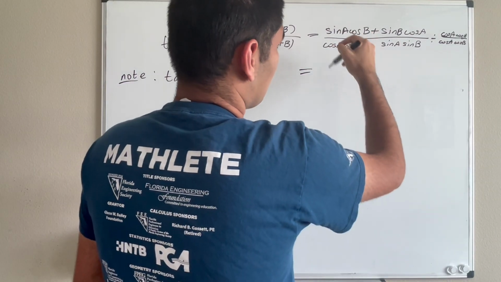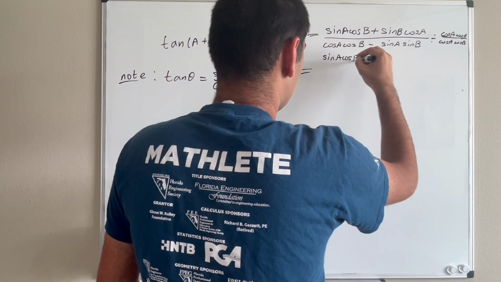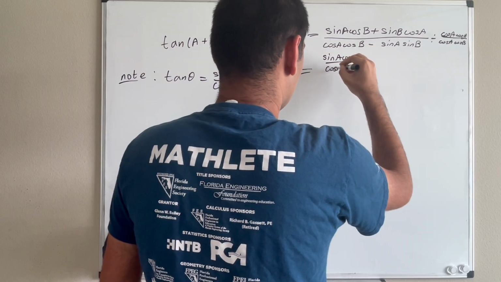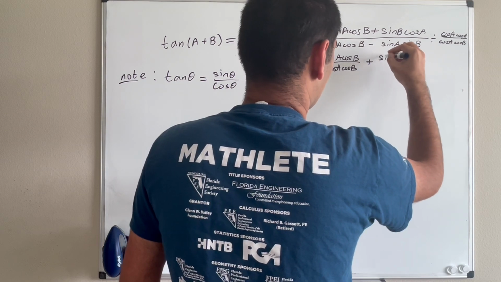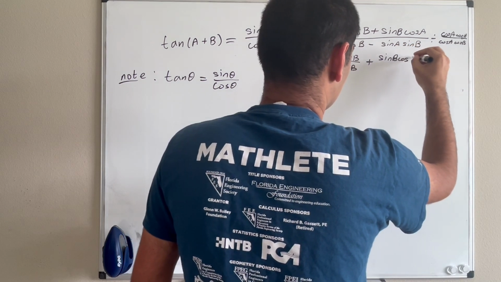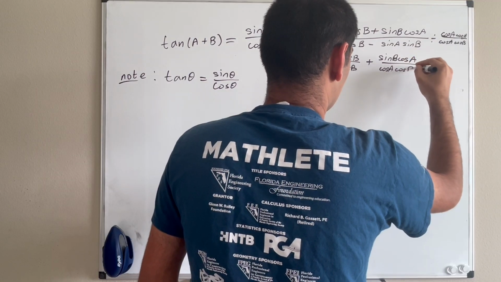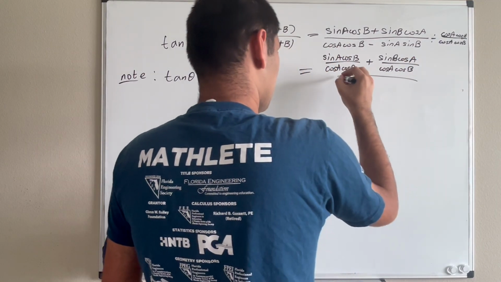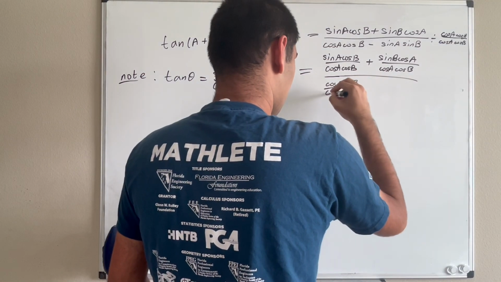So in the top, we get sine A cosine B over cosine A cosine B, and then we have sine B cosine A all over cosine A cosine B, divided by, we have cosine A cosine B over cosine A cosine B.